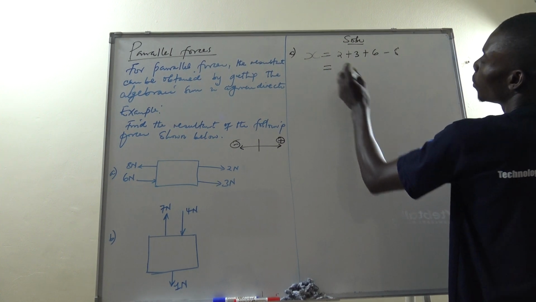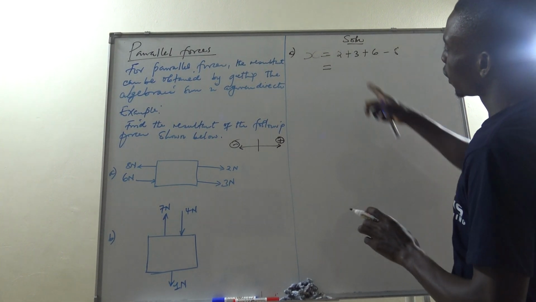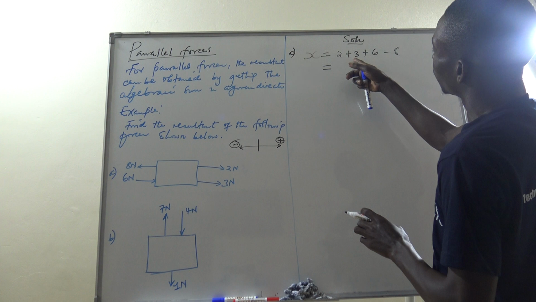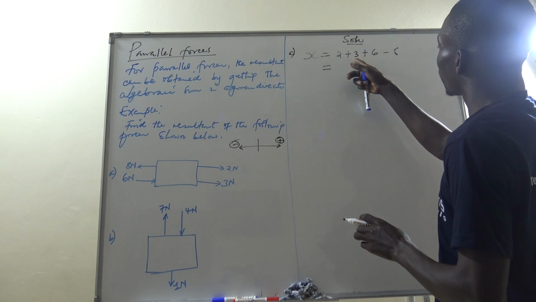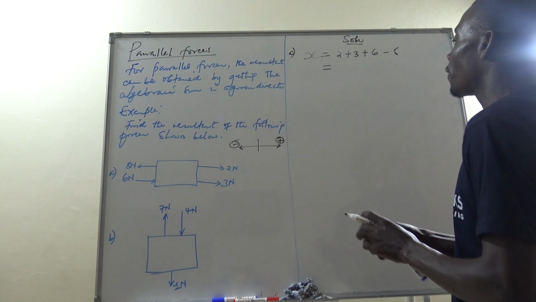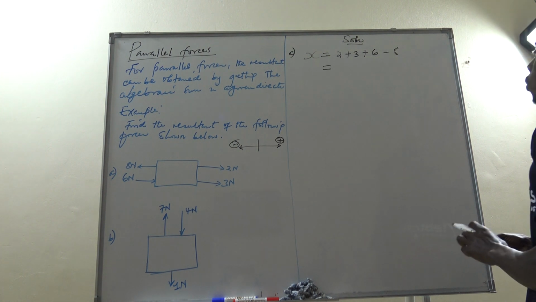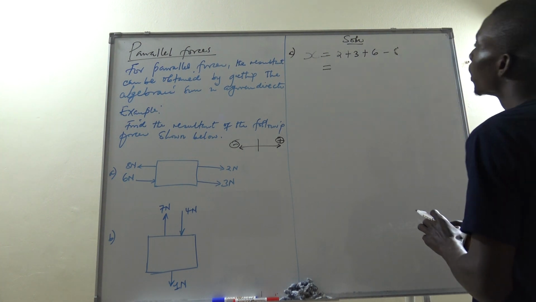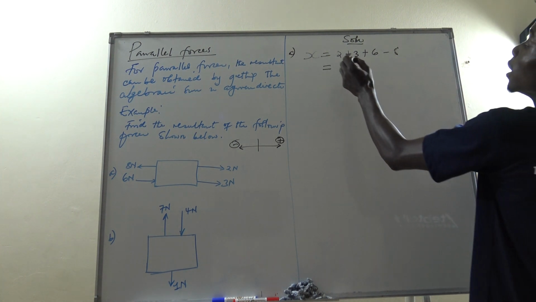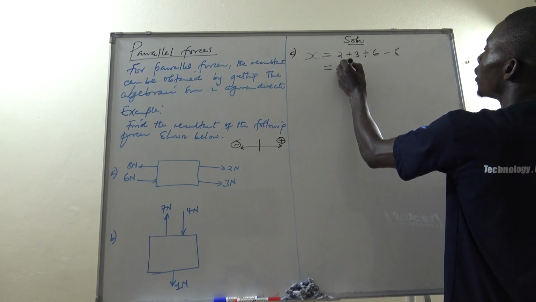Then you add: 2 plus 3, that is 5, and 5 plus 6, that is 11, and you subtract away 8, and you will realize that you have 3 newtons.